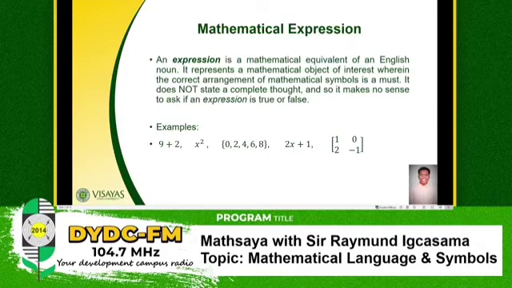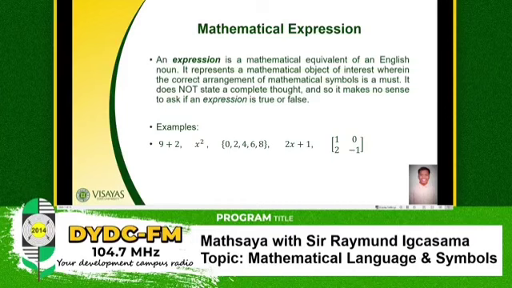We have the set consisting of the elements 0, 2, 4, 6, 8. 2x plus 1. And we also have the matrix 1, 2, 0, negative 1. So these examples shown on the screen are what we term as mathematical expressions.